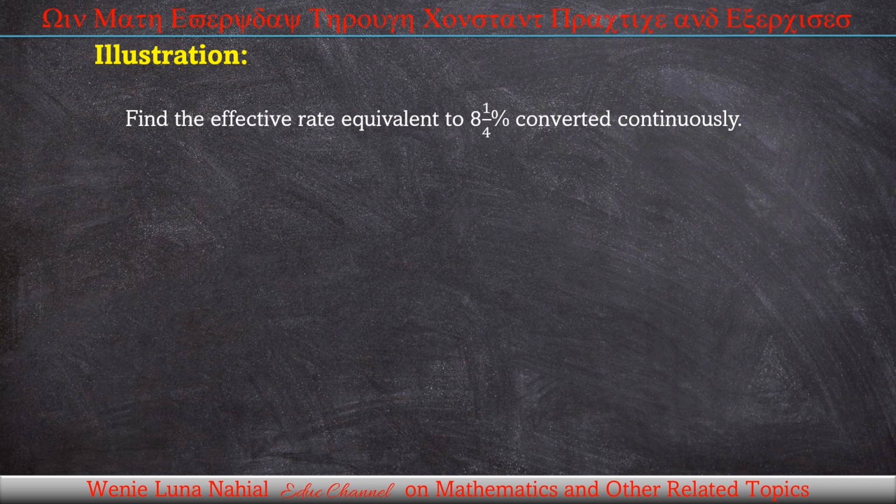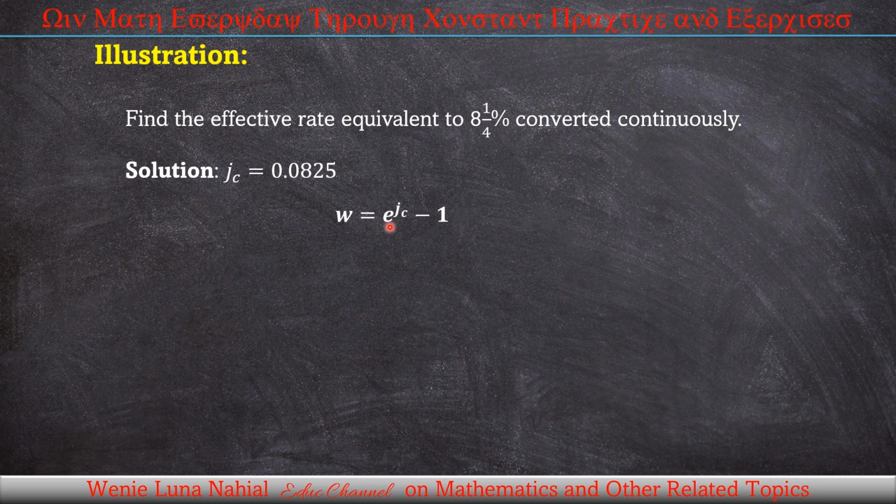Now, illustration. Find the effective rate equivalent to 8 and 1/4% converted continuously. So our j sub c is equal to 0.0825, because this 1/4 can be written as 0.25.